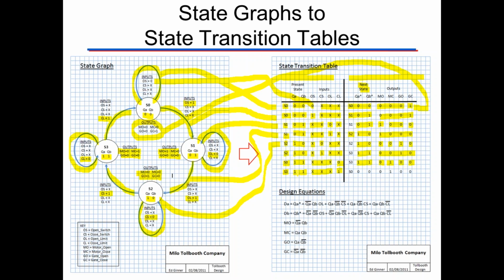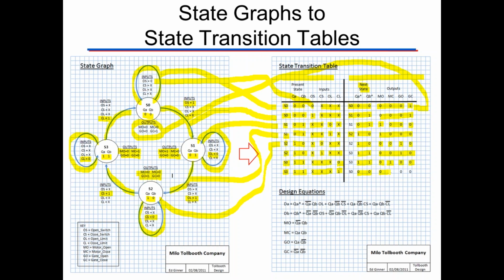And now we transition back to state 0. Right here, that's the close limit switch that caused it. And so we're on this transition, and we change our state here to 0, 0, because that's where we're going to. So it's the next state.